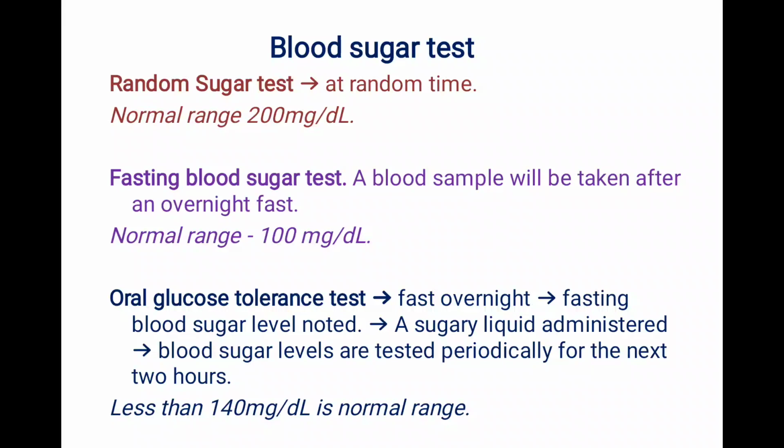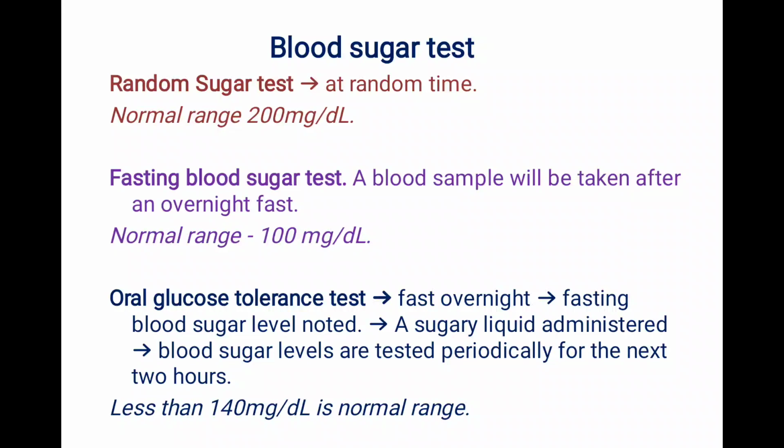The glucose test is done to know the concentration of glucose in the blood serum. There are three kinds of tests: the random sugar test, the fasting blood sugar test, and the oral glucose test. In the random sugar test, the sample is taken at a random time, at any time.